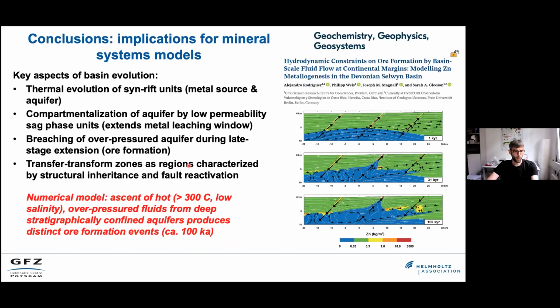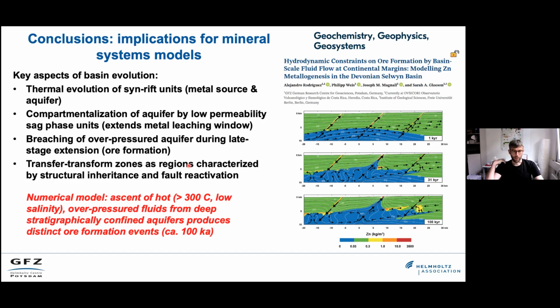Given the time constraints, I was only planning to summarize the modeling results here and point you towards a paper we recently published in G-Cubed. Basically, what we found was that it was possible to take a hot zinc-rich fluid of low salinity into shallow parts of the basin and produce tonnages comparable to the size of the Selwyn Basin style deposits that we find there.